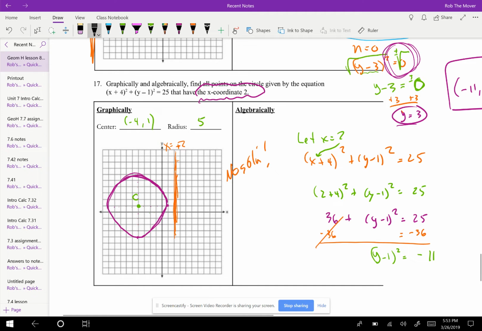Now, when we go to solve this, we should be taking the square root of both sides, plus or minus. But I got a problem here, because we're taking the square root of negative 11. In this class we are only talking about real solutions. We are graphing on the real xy coordinate plane.